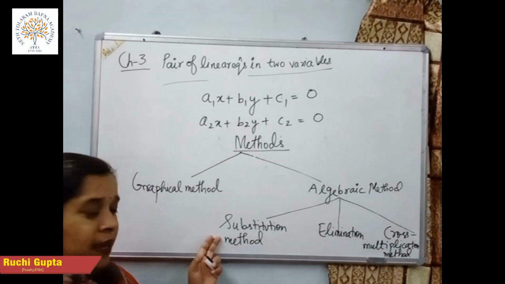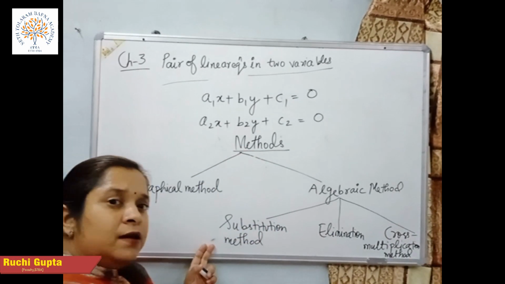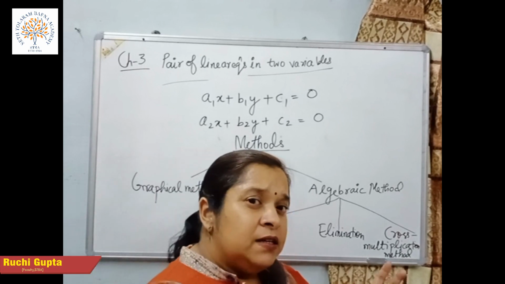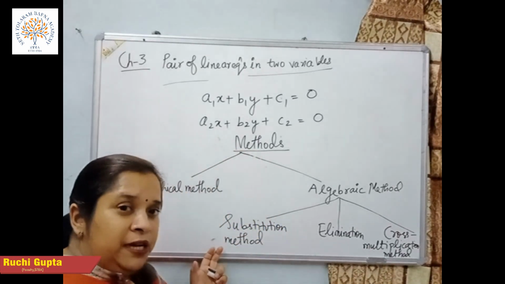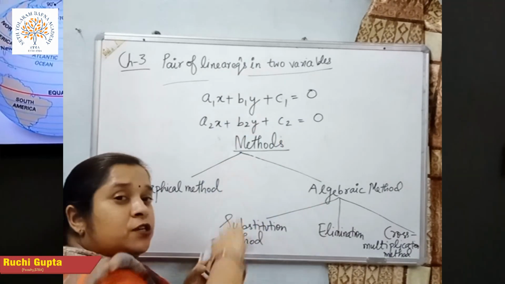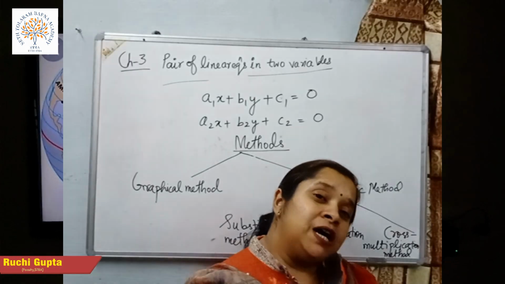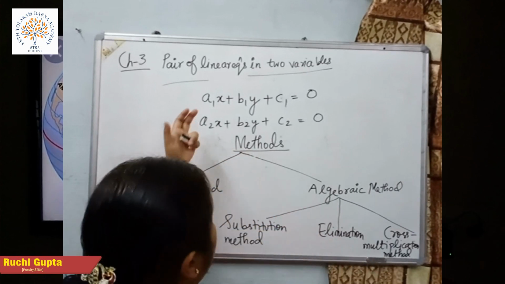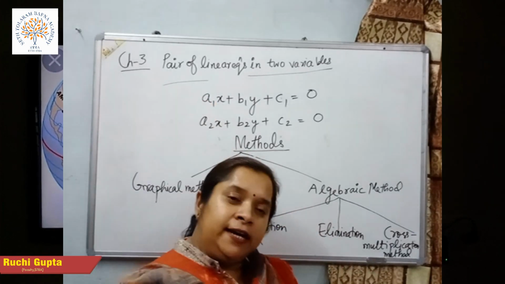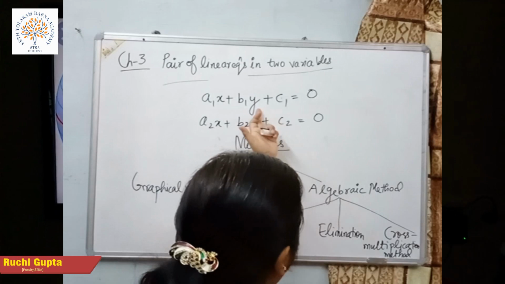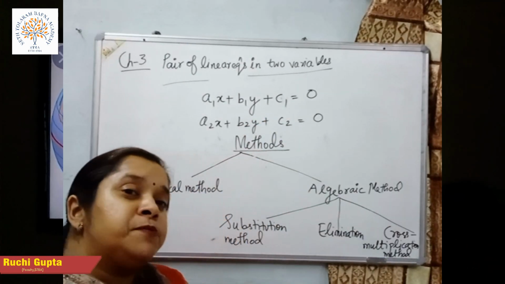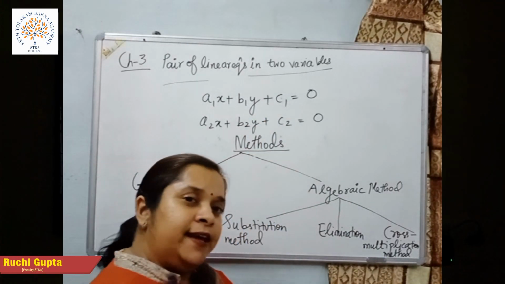Students, by the name substitution method, can you guess anything? Yes, substitution means from these two equations we substitute the value of one variable into the second equation. Suppose from the first equation we find the value of x in the form of y and then we substitute that value of x in the second equation.